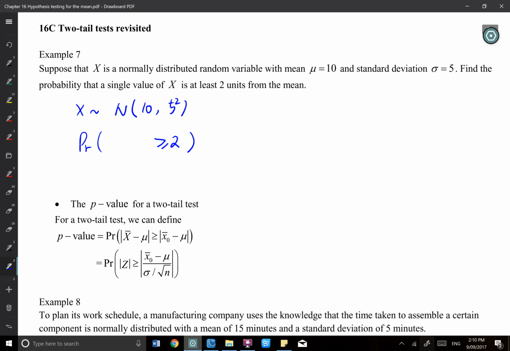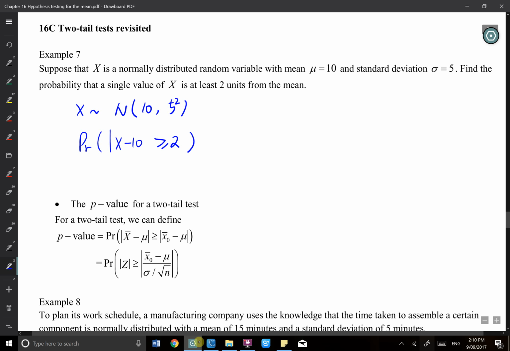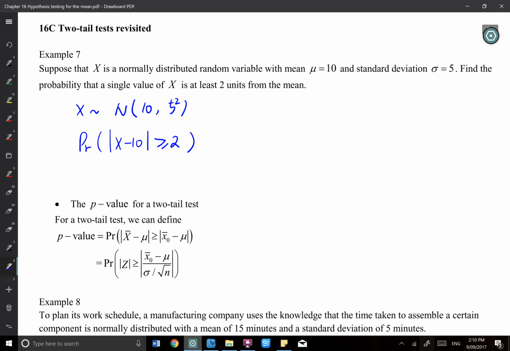What I need is greater than or equal to 12, or less than or equal to 8. That's exactly 2 units from the 10. So what I'm looking for is the absolute value of X minus 10 being greater or equal to 2. Does that make sense? It's the actual distance between X and 10 being greater or equal to 2.